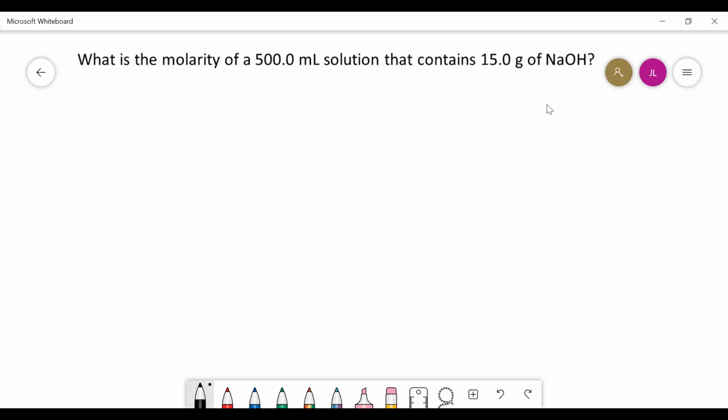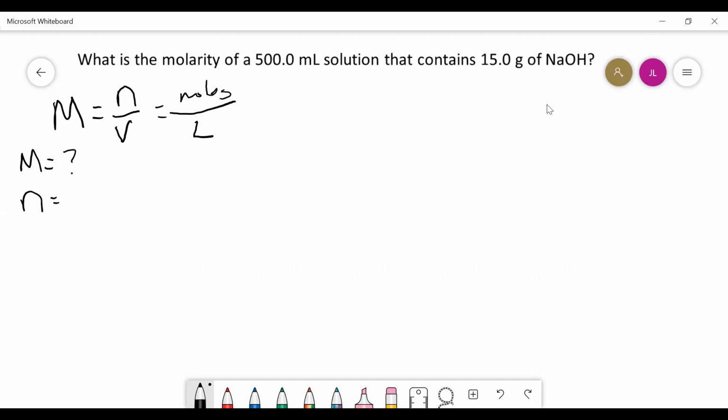All right, so again, molarity is equal to n over V, which is basically moles over liters. We create a little list of what our variables are. So molarity, we do not know what it is.